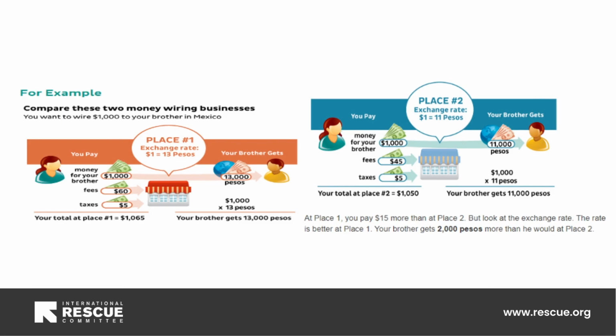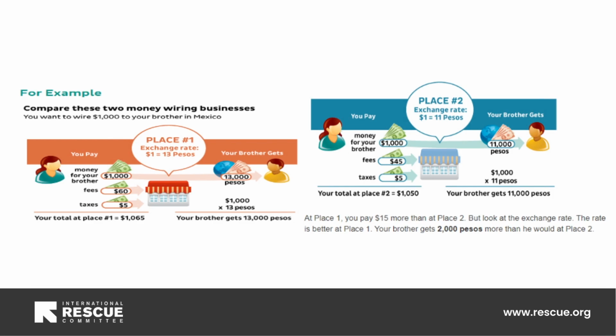But now let's take a look at the difference in exchange rates used by place number 2. Place number 2 is using an exchange rate of $1 equals 11 pesos. There's a fee of $45, or 4.5% of the amount you are sending. The tax is $5, the same as place number 1.